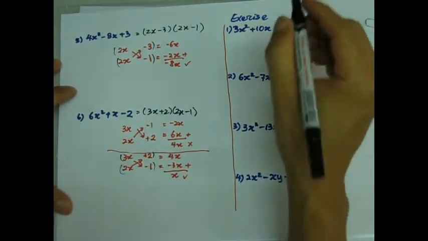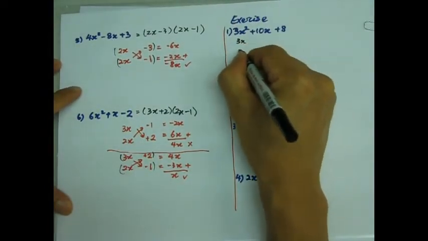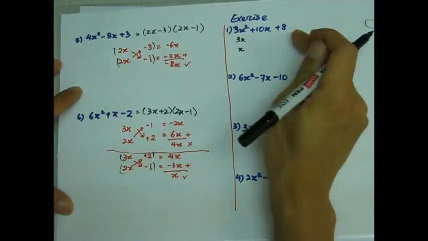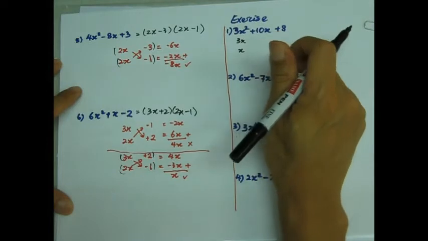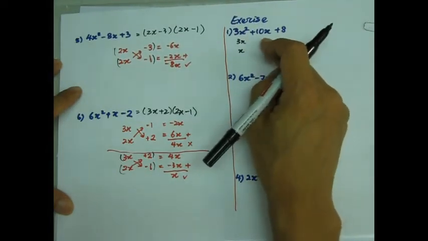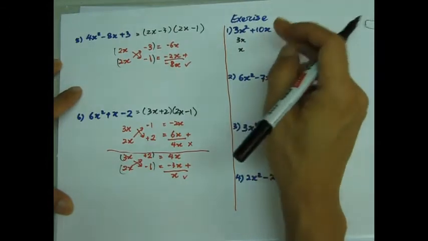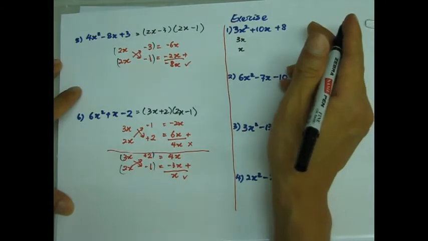3x squared, what do you have to multiply to get 3x squared? So how about 3x and x, and over here I need an 8. Something that multiplies together to give me 8. After cross multiply and adding them together gives me 10. Well, there could be many choices for this.